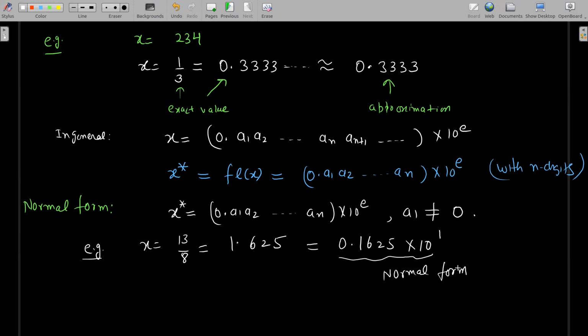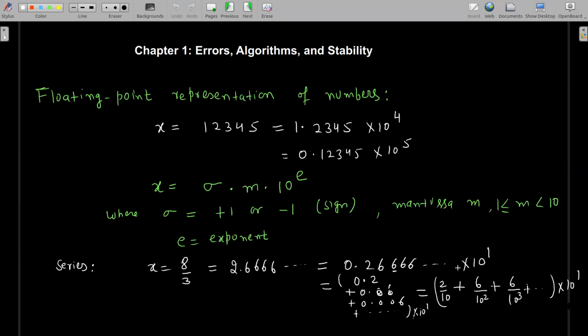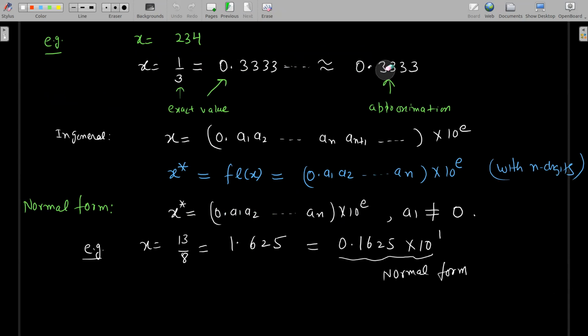So what we have studied up to this point: you have a number. Some numbers are whole, like 1, 2, 3, 4, 5. There is no problem when you give input. But some numbers like 8 by 3 have a decimal expansion with an infinite number of digits. You can represent a number as a series in powers of 10, and on a machine you have to cut the number. अब जो मैंने बोला कि कटिंग करना है आपने, so there are two types of cutting you can do to store a number.